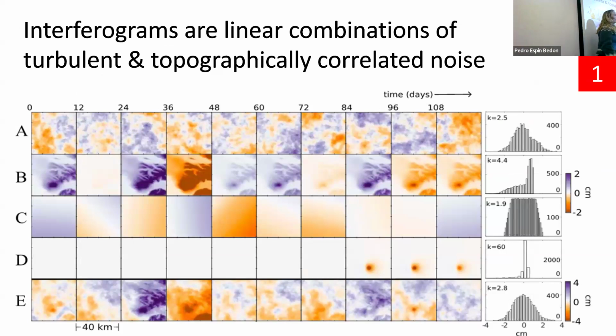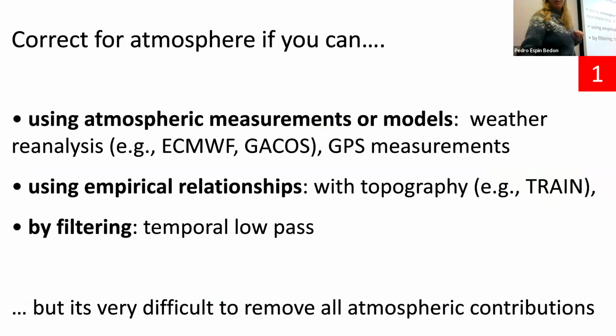You have a fake synthetic deformation signal, which is rotary source inflation. Then you have an atmospheric component correlated with topography, and you can see it changes sign epoch to epoch. And then you have your turbulent atmosphere, which is random but spatially correlated. So it has a sort of predictable structure, which you can characterize by looking at the length scale over which you have this correlation.